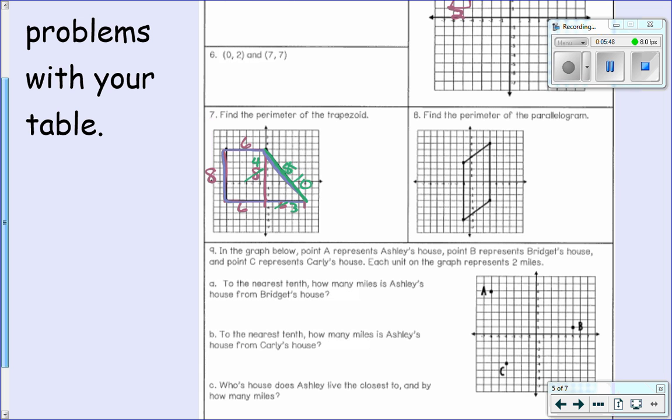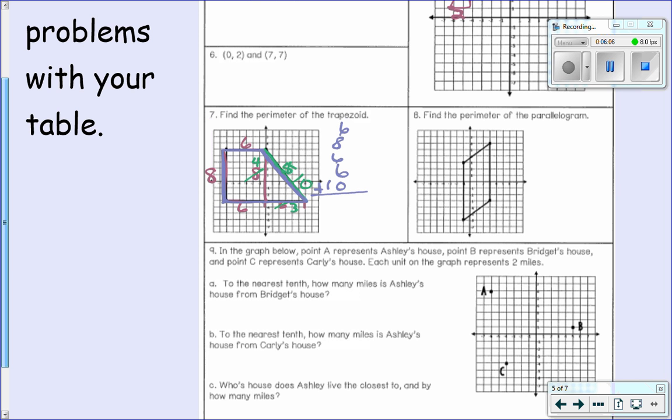Now can we find the perimeter? Yes, we have 6 plus 8 plus 6 plus 6, and then our hypotenuse is 10.